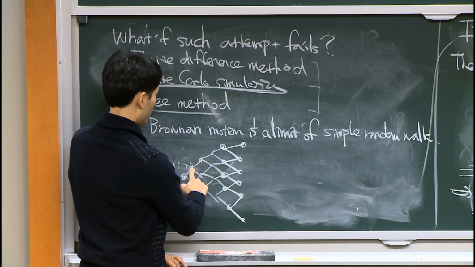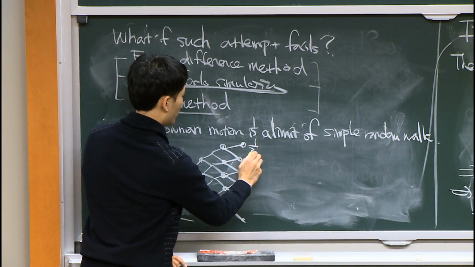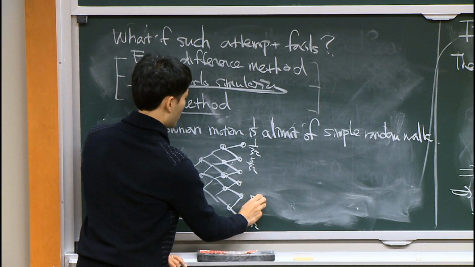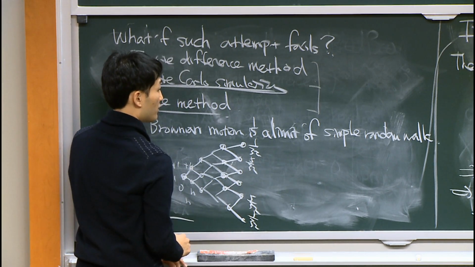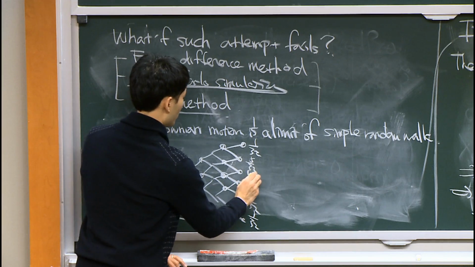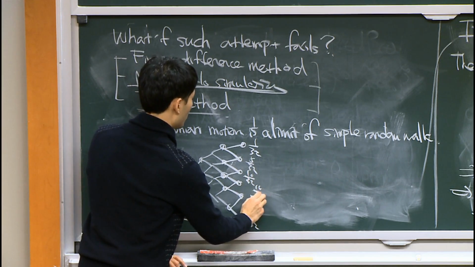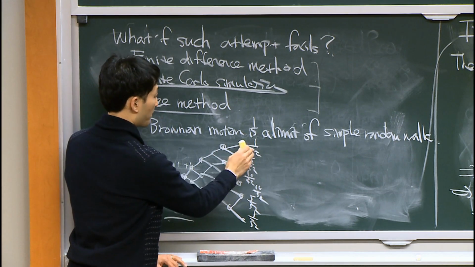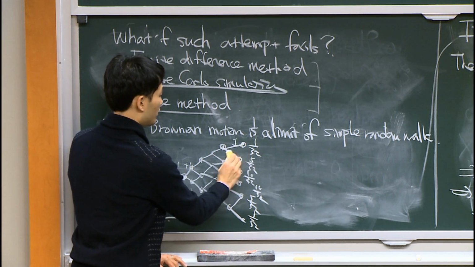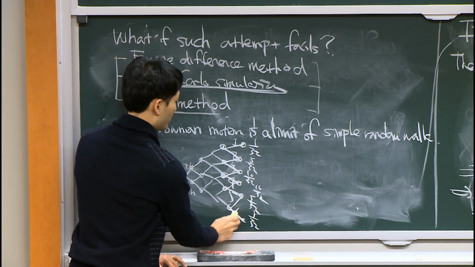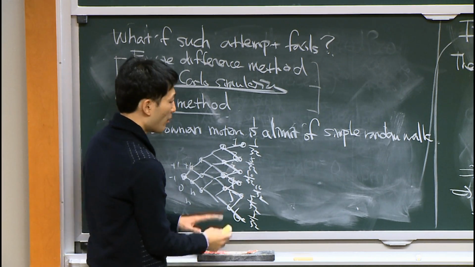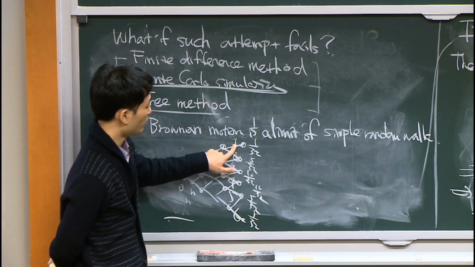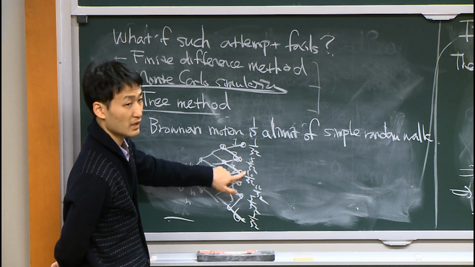Suppose that some stochastic process, after following this, has value 1 here, 2 here, 3, 4, 5, and 6 here. Then approximately, if you take a Brownian motion, it will have 1 with probability 1/32, 2 with probability 5/32, and so on.